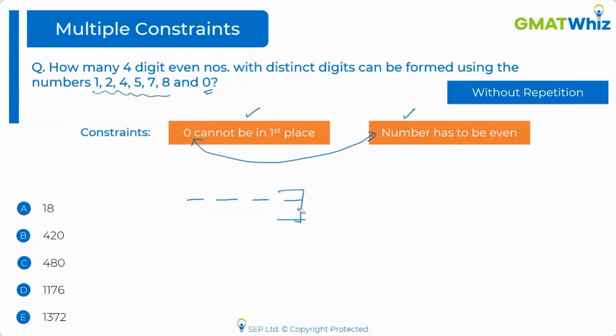But if I'm not putting a 0 here, okay, I'm putting the 0 somewhere else, then obviously 0 cannot come at this place. I have to ensure that. If I use 2, 4, and 8 here, then I need to make sure that 0 doesn't come at this place.